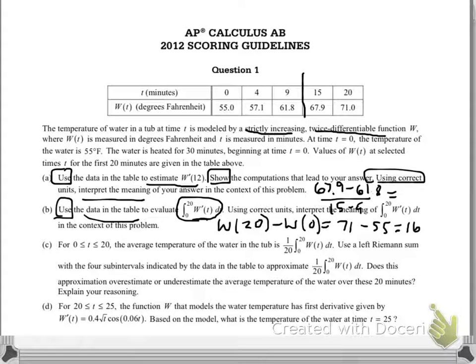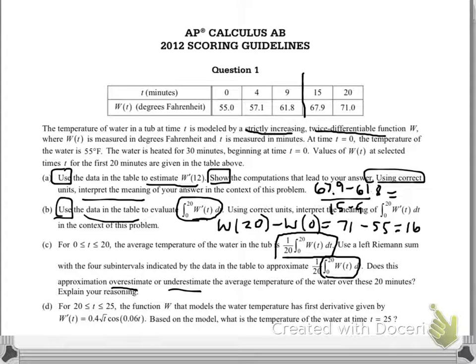For 0 to 20, the average temperature of the water, so they're telling you the average value of a function. Use a left Riemann sum to approximate it. So we're going to approximate by taking that 1/20th, and we're going to approximate this integral using a left Riemann sum. And then it says, does the approximation overestimate or underestimate the average temperature?